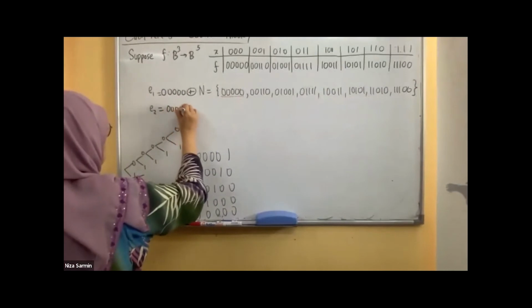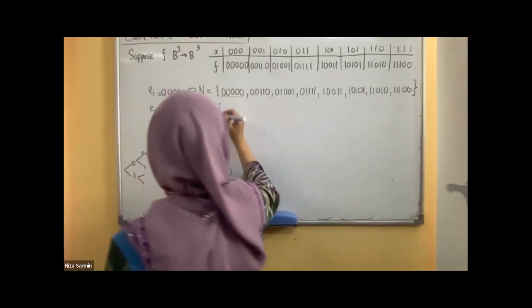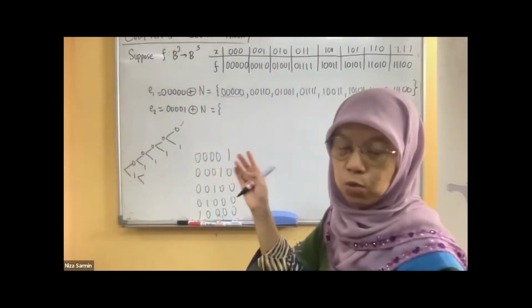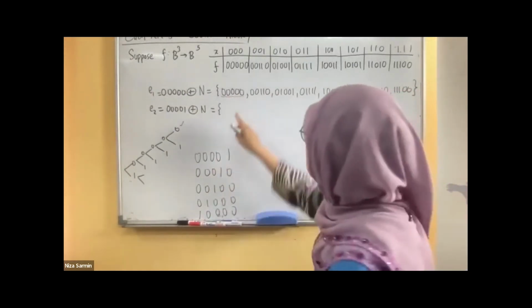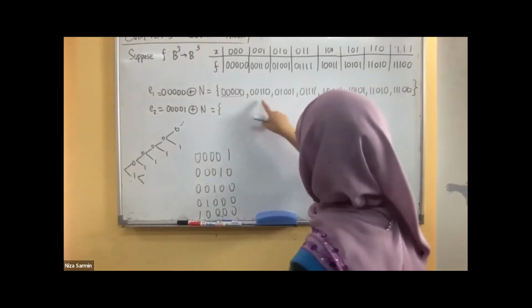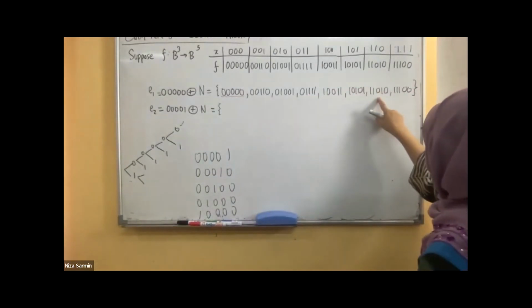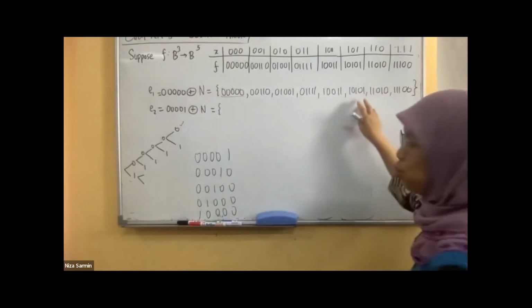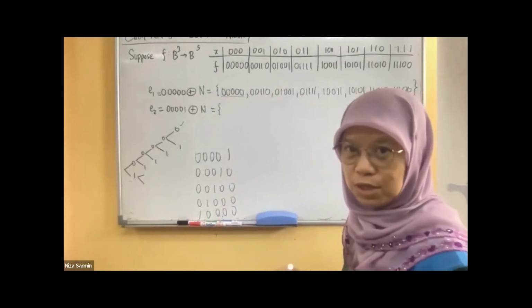0, 0, 0, 0, 1 plus n. So you have to calculate, add 1 to all. Because they are not in here, don't pick the one that's here. But for this one, the weights are 2, 2, 4, 3, 3, 3, 2, 3. If there is something in here with weight 1, don't pick that because it will give you the same coset.